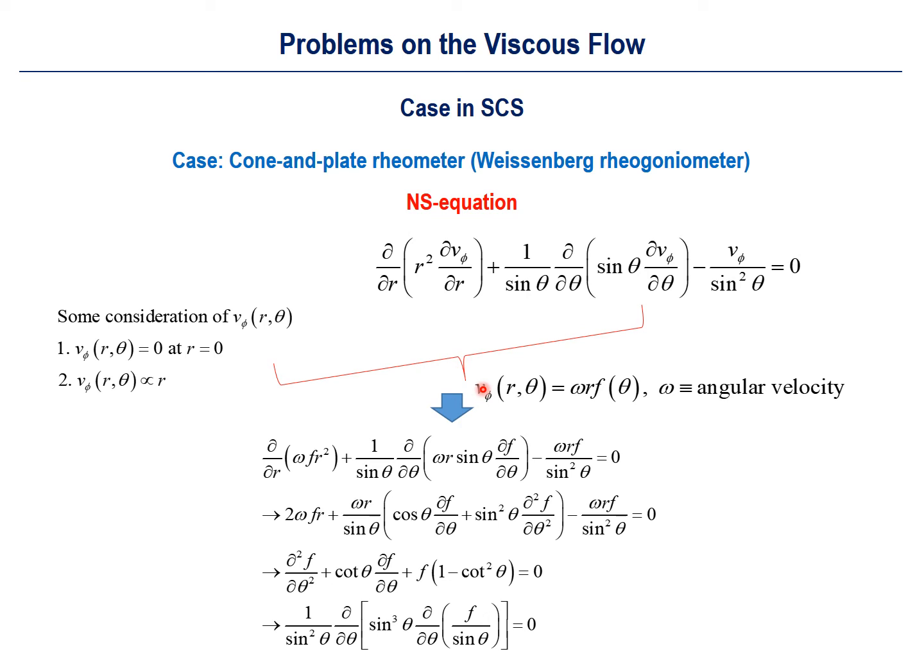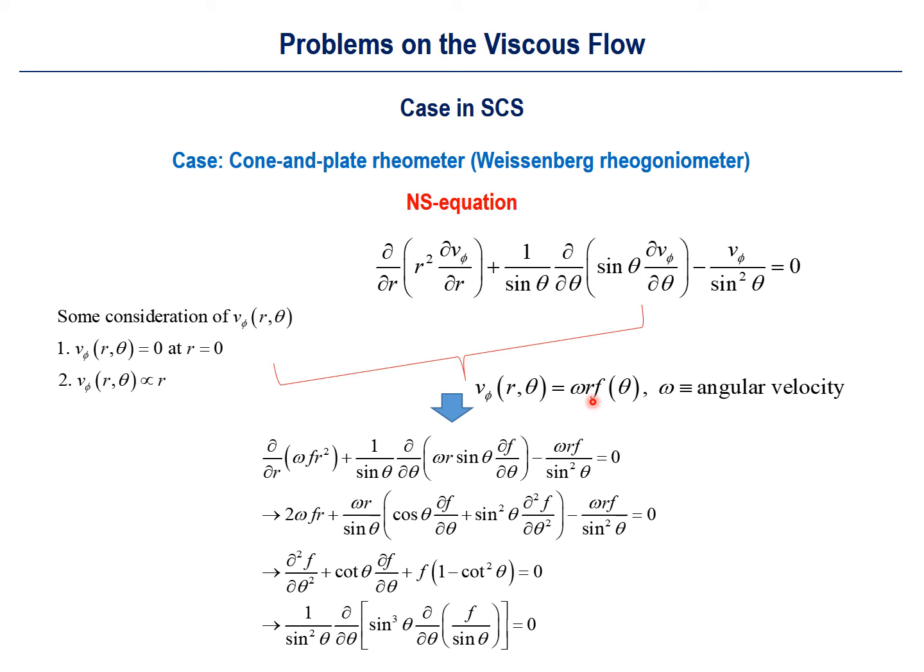In this equation, there is theta dependency only in this f of theta. So all you have to do is find out the exact functional profile of f of theta, because we have already handled the radial dependency in this omega r here.